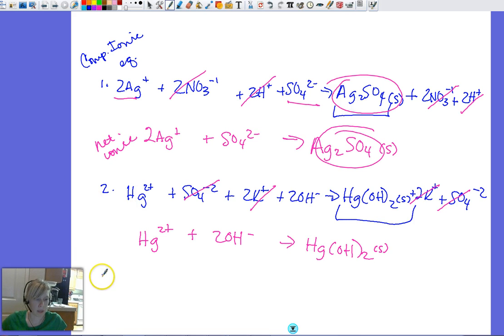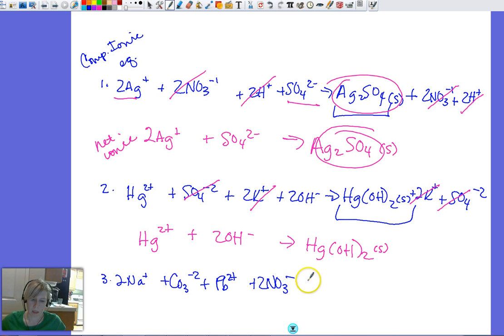And number 3 is going to be 2Na plus CO3 2 minus plus Pb2 plus 2NO3 minus gives us 2Na plus 2NO3 minus plus lead carbonate, which is our solid.